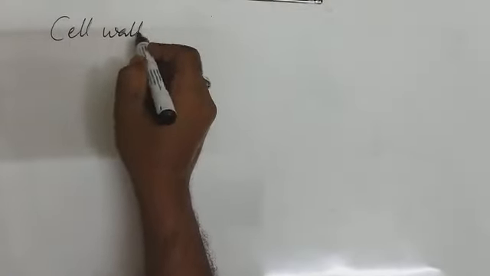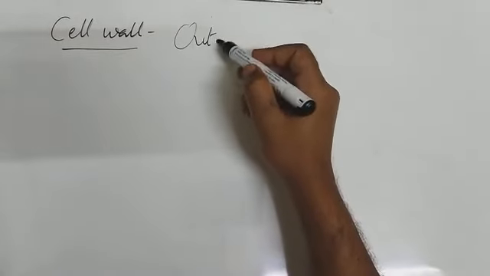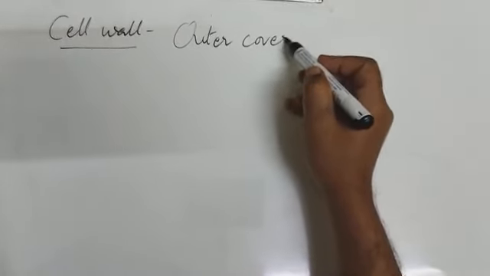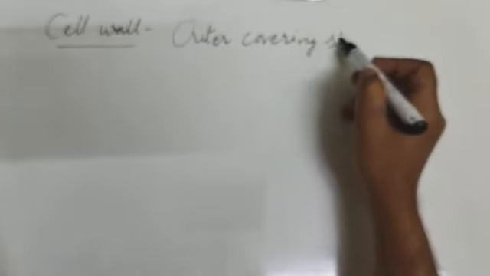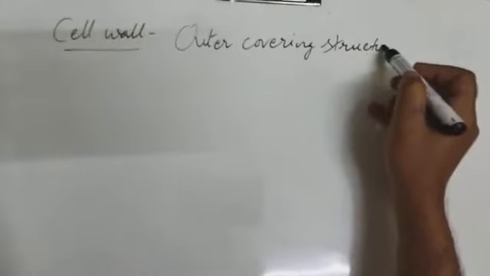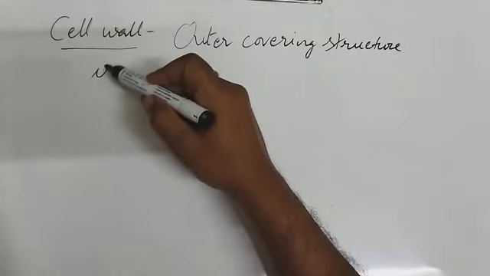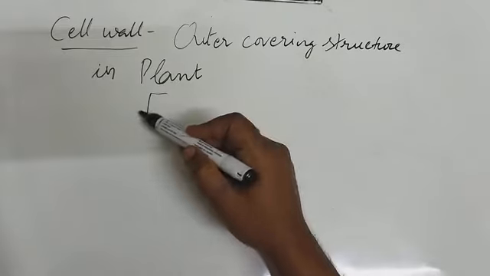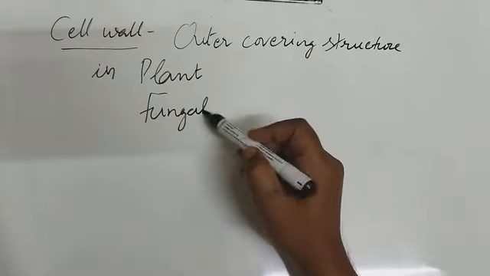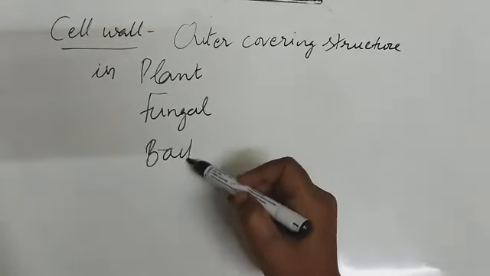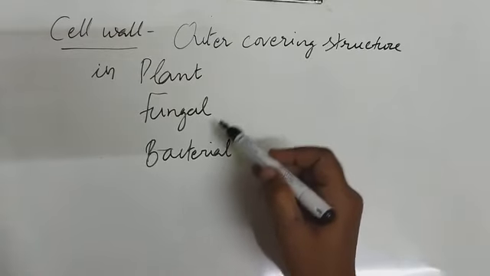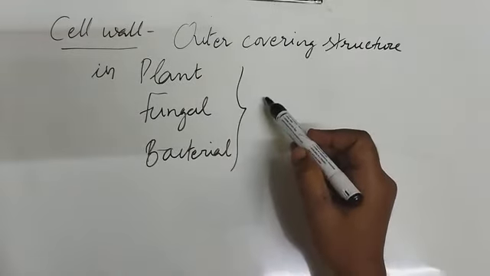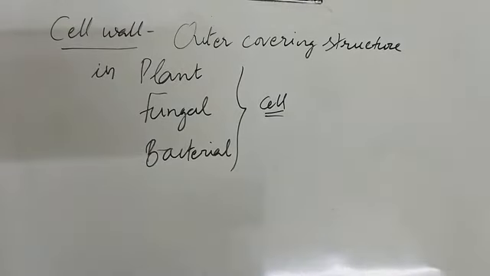It is the special outer covering structure in plant cells, fungal cells and bacterial cells. In these three, the cell wall is present, right?